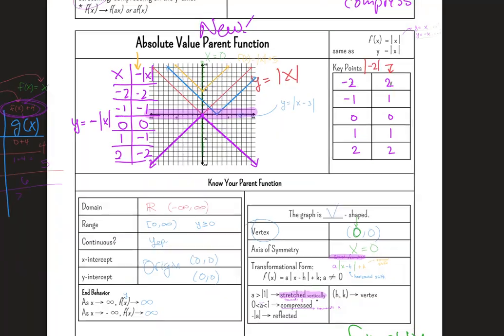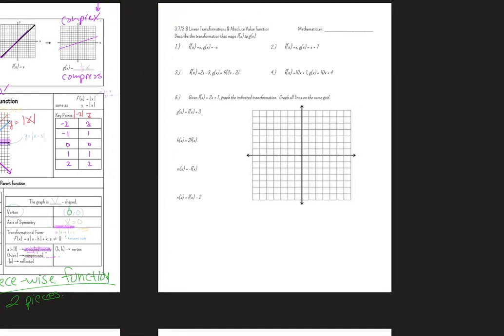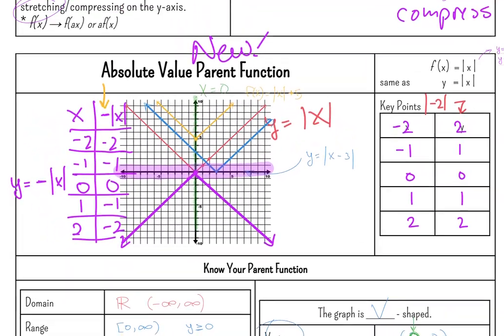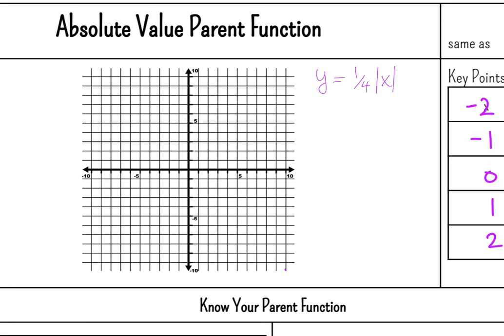I know I didn't graph two that are stretched or compressed. You know what? Why don't I just erase all that and do it? Okay, so let's see a compression. So what if we did 1/4 absolute value of x? Well, there's our vertex.